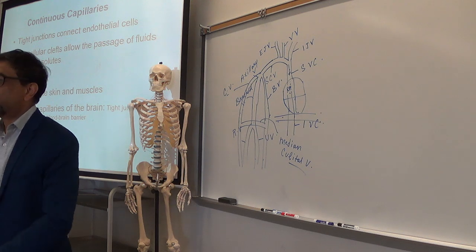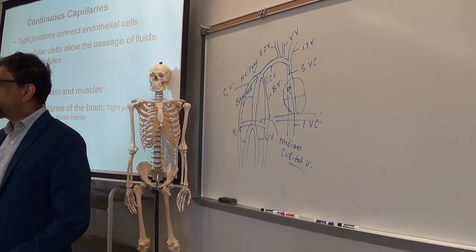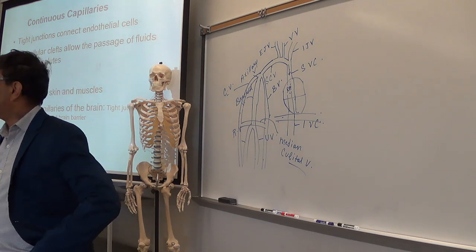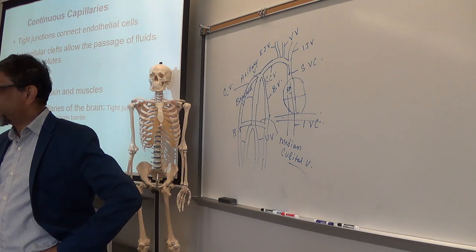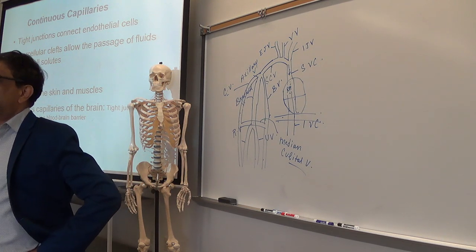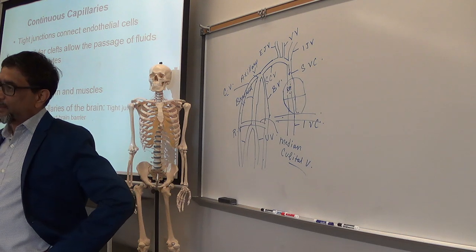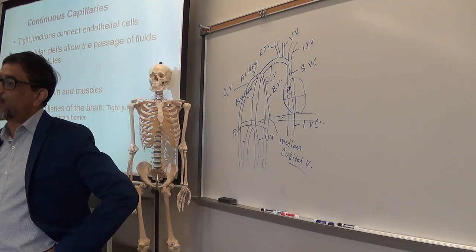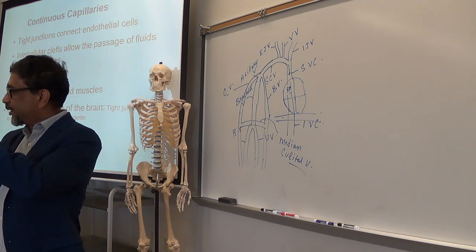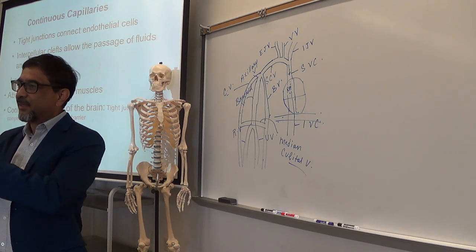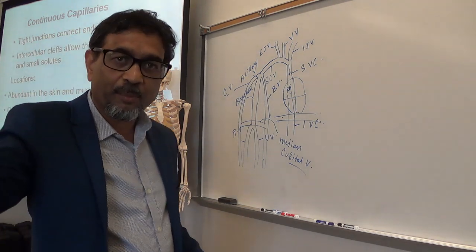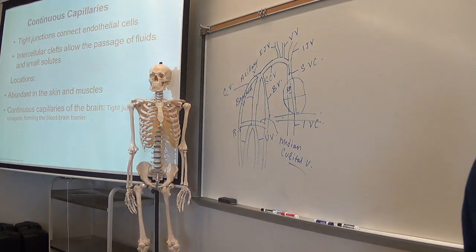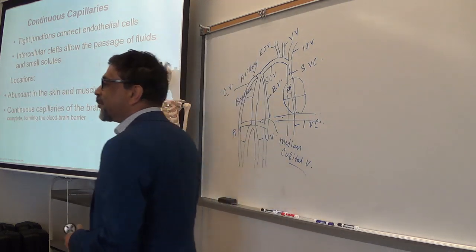Yeah, protection. Because you know that your brain tissue is very delicate, sensitive. You all know, right? Brain tissue is very sensitive. So, the wall of continuous capillary in the brain is less permeable, so toxic chemicals cannot enter into the brain. Make sense? It will not allow many chemicals enter into the brain, right? To protect the brain. That's why this wall is also called the blood-brain barrier.